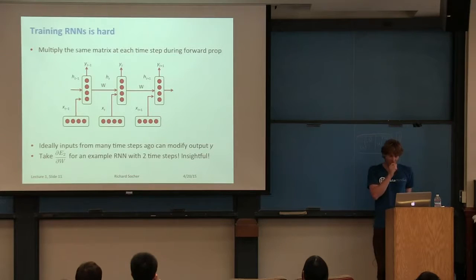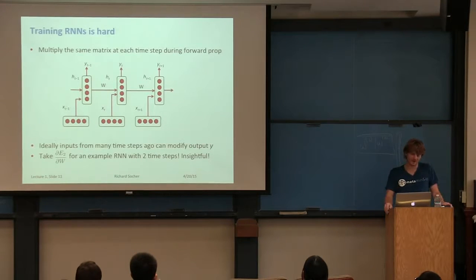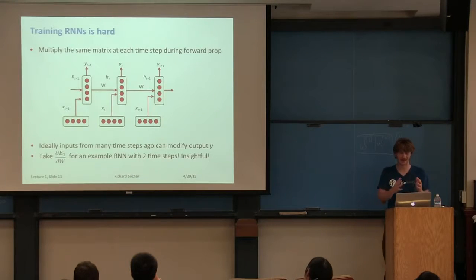All right. So one of the main issues with RNNs also comes from the same advantage that we have of having the weights tied, or having the same W matrix at every single time step. And so during forward prop, again, we have the same W here to compute every time step's hidden vector.